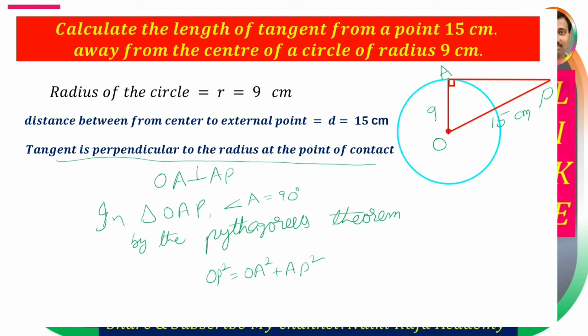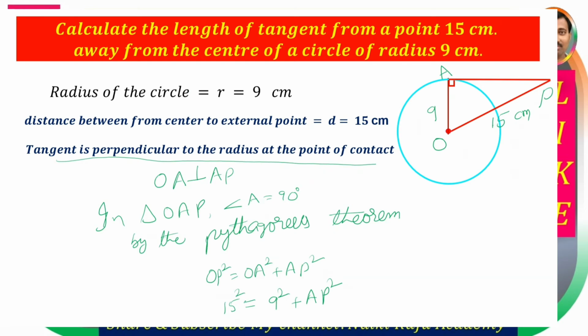OP is 15, so 15 square equals OA, the radius, square plus AP, the tangent length, square.